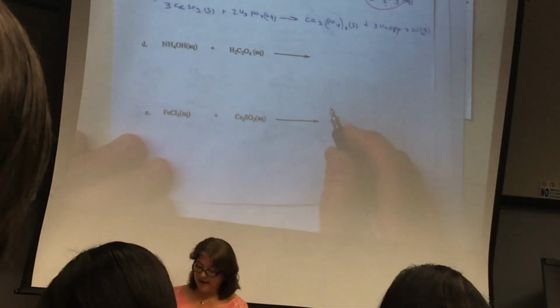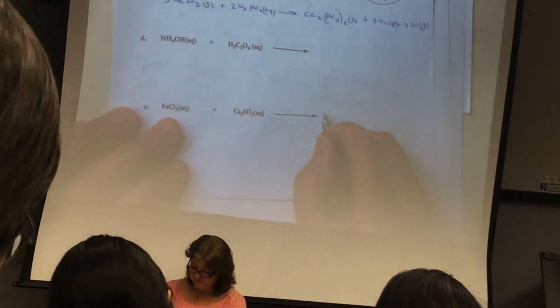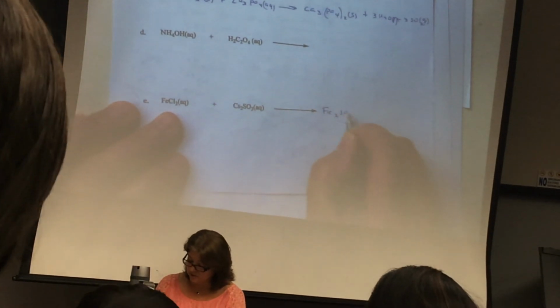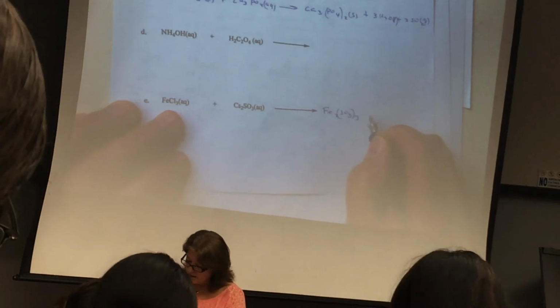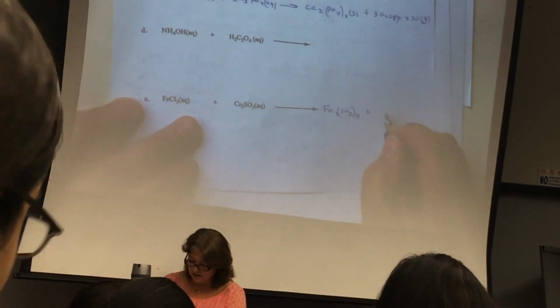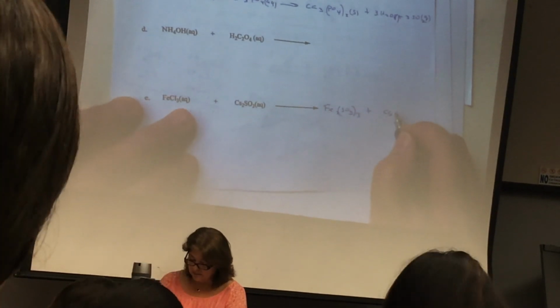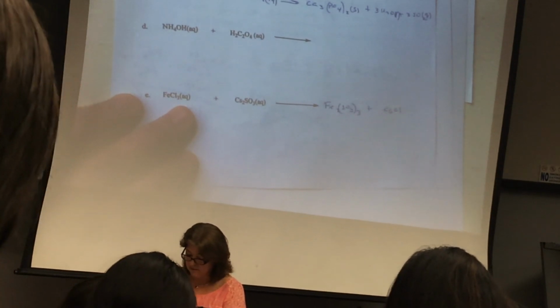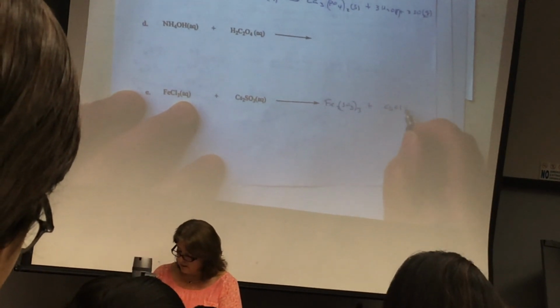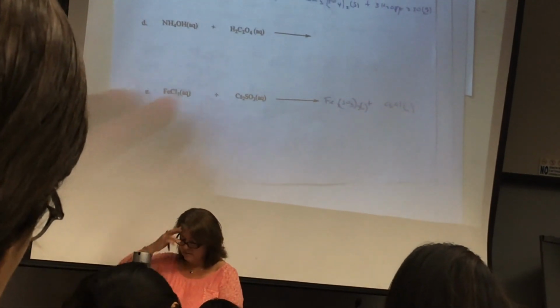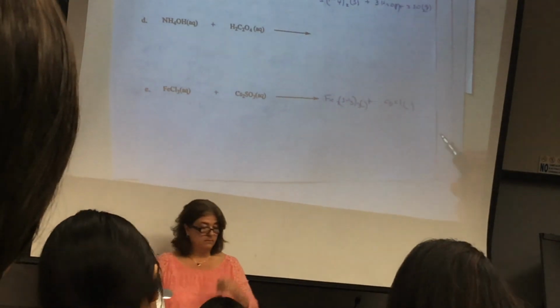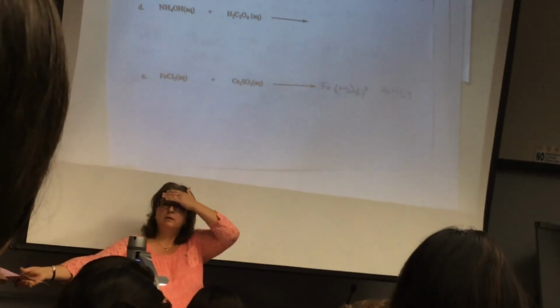Let's go faster. What do you do? Fe2(SO3)3 plus cesium chloride. And now I need to put my parentheses. Who else has to sign the attendance sheet?